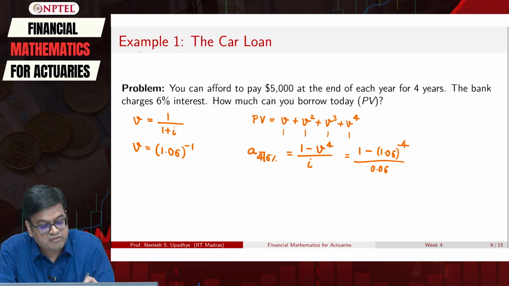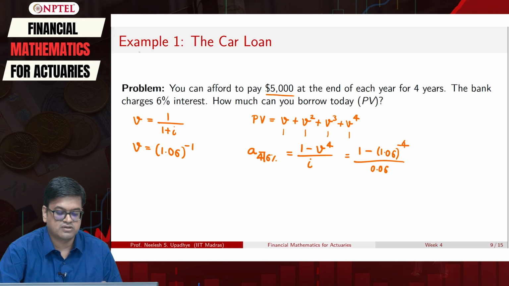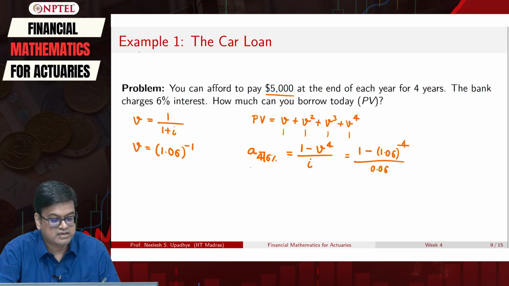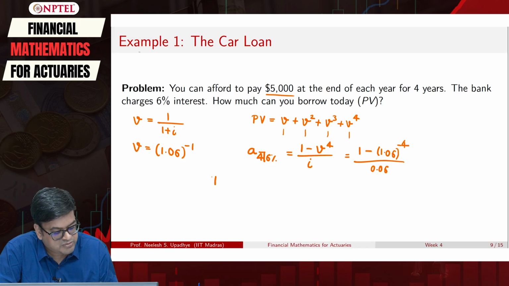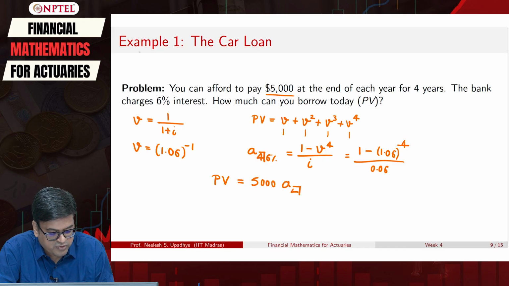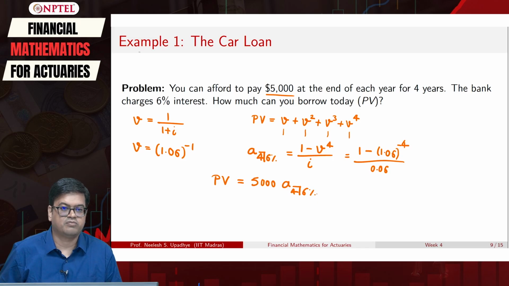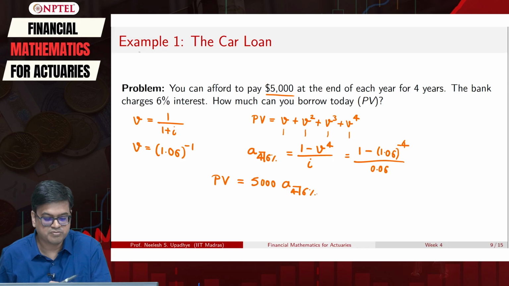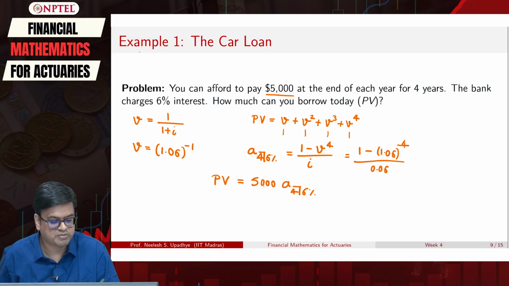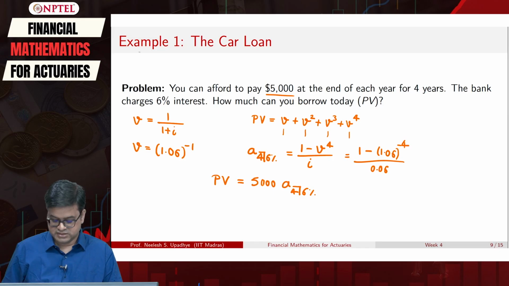But we have not yet related these $5,000, right. So how will I relate? So essentially my present value will be a stream of 5,000, right. So it will be present value equal to 5,000 into a angle 4 at 6%. Okay. So this will be my formula, and then I will simply multiply this a angle 4 at 6% by 5,000 to get the answer.